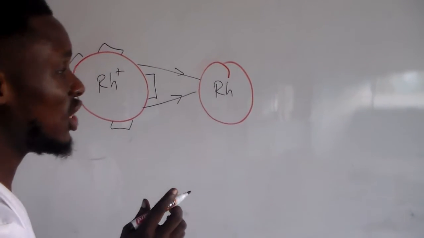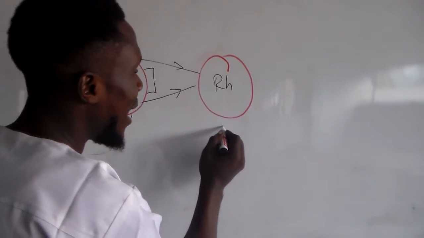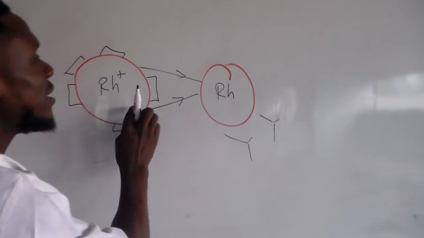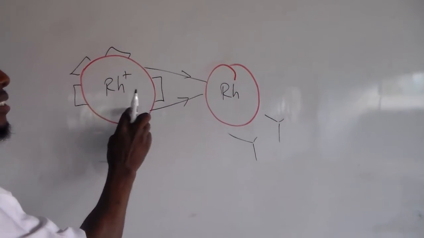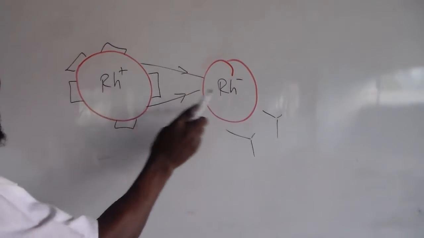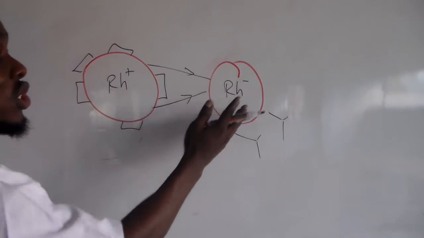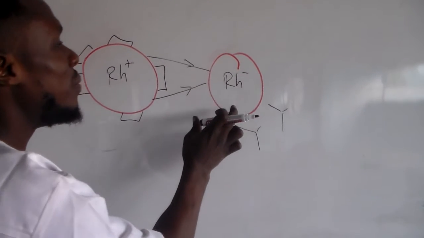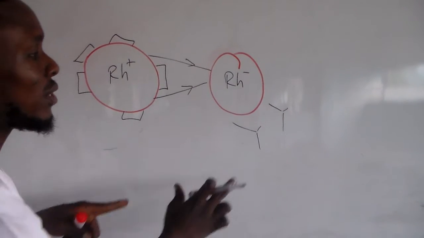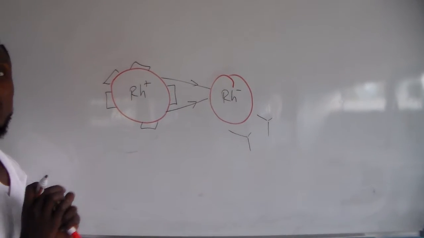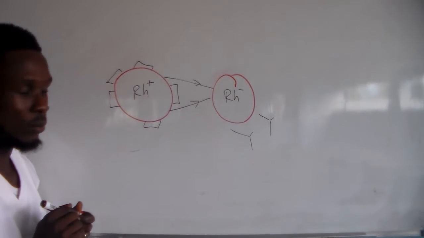The IgG antibodies are Y-shaped and they are found in the blood plasma. So if a rhesus negative person receives blood from a rhesus positive individual, probably during childbirth or during a blood transfusion, this person's system will be sensitized to produce the immunoglobulin antibodies. That is a normal physiological pathway.